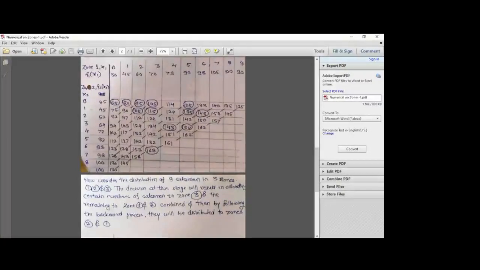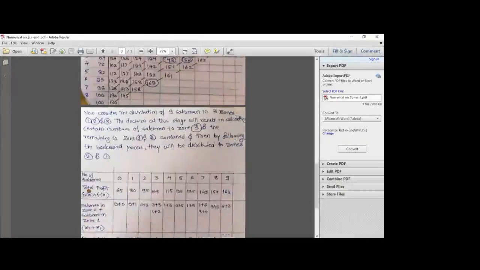For 5 it is 125, for 6 it is 135, for 7 it is 143, which is coming twice, right? For 8 it is 154, and for 9 it is 163, right?